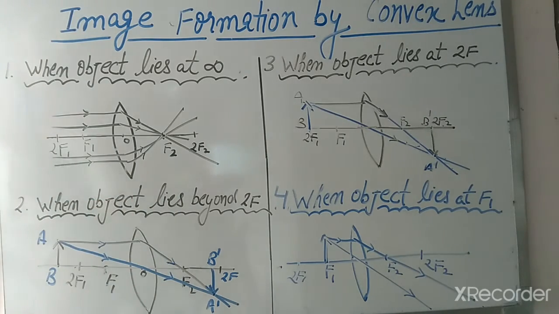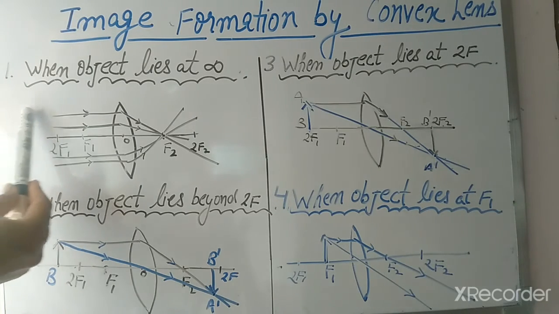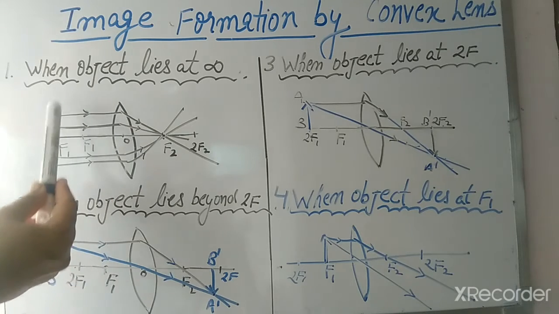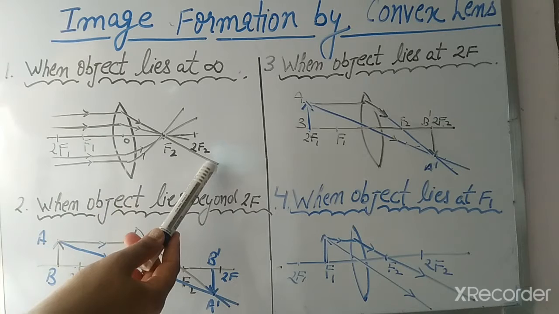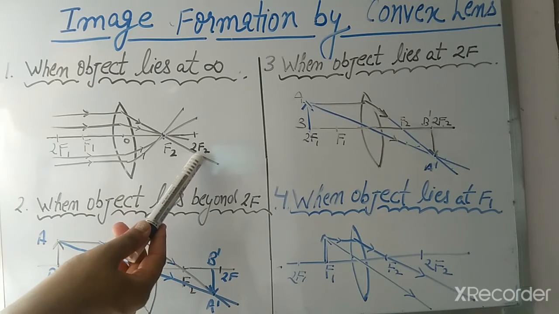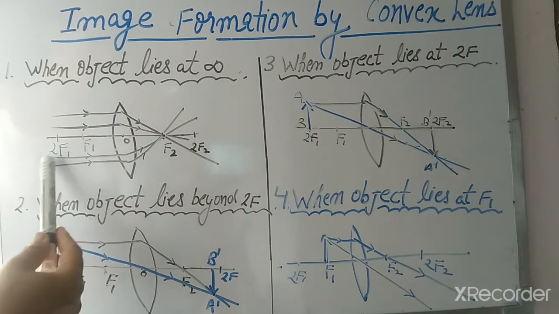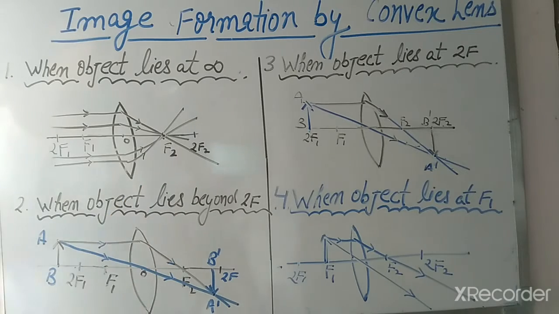First case says that when the object lies at infinity. Suppose our object is anywhere at infinity. So first of all, rays coming from it are parallel to the principal axis, and the parallel rays go through the focus according to the rule, right? And these parallel rays also cross from the focus.